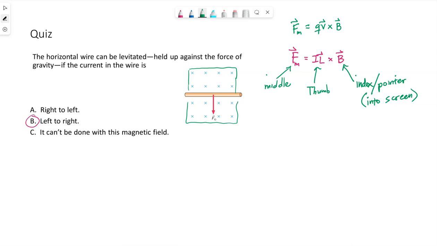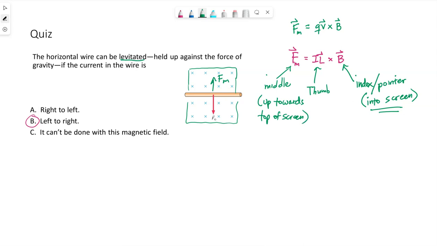Well, if I have my index or pointer finger pointing into the screen, I do know the magnetic force must be upwards to levitate this wire, because it needs to counteract the force of gravity. So I point my index finger into the screen and rotate my wrist, or however I need to do it, to get my middle finger pointing up towards the top of the screen.